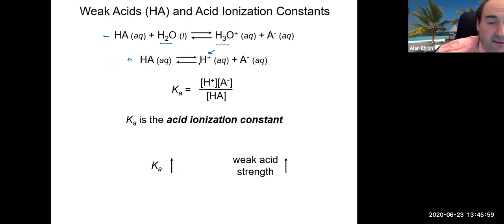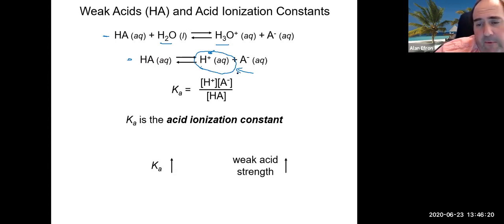And when we have more products in a weak acid, that means we have more free H plus. More free H plus, that's your definition of an acid, right? The ability to produce H plus. So the greater the Ka value, the more products, more free H plus, the stronger the weak acid.